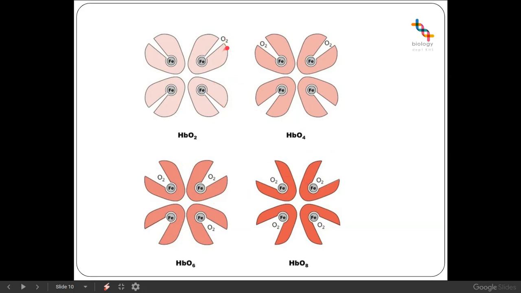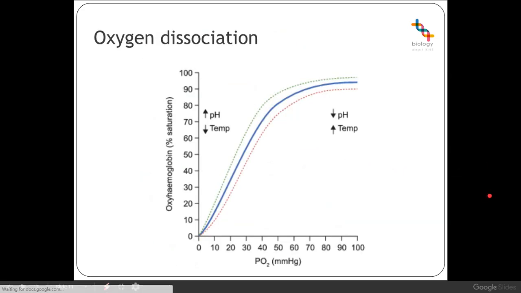So we have an interaction from the binding of oxygen to this group here that is going to influence the shape of these groups, making them more open to binding more oxygen and so on. So essentially changes to one subunit after binding oxygen starts affecting the other subunits and allows them to bind oxygen more easily.